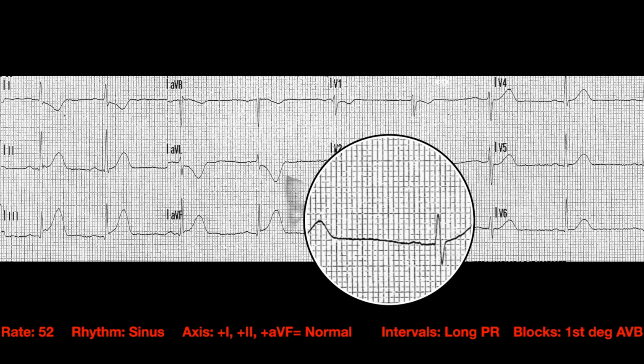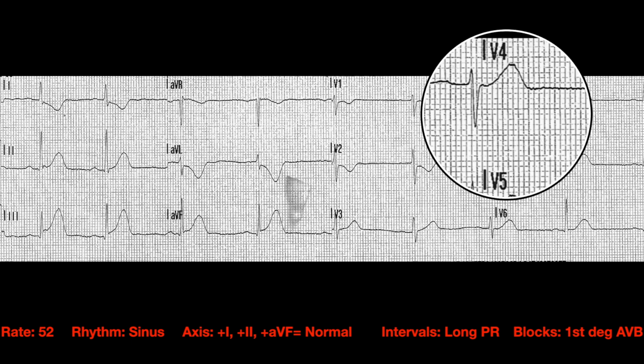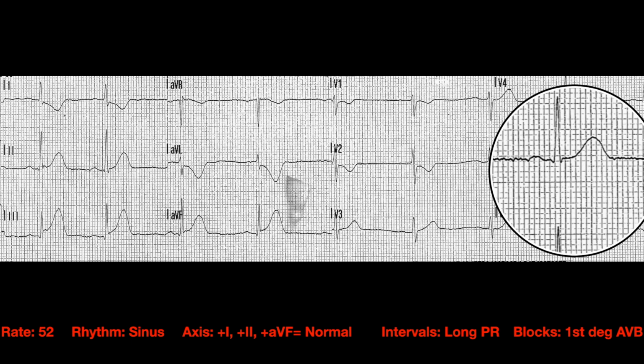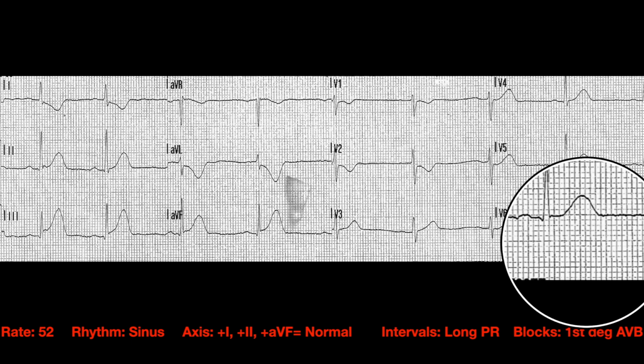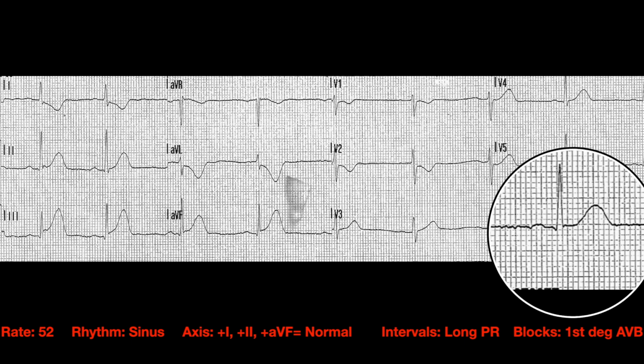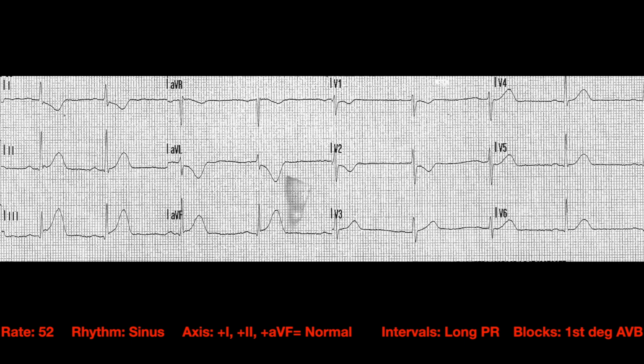Not a lot of changes in lead V3 here. V4, similar. V5, no real big changes. V6, no obvious ST elevation or depression. So we've got ST elevation in the inferior leads, in AVF especially, maybe a little bit in 2, and some wacky changes in lead 1 and AVL, which are the opposite side of the heart.